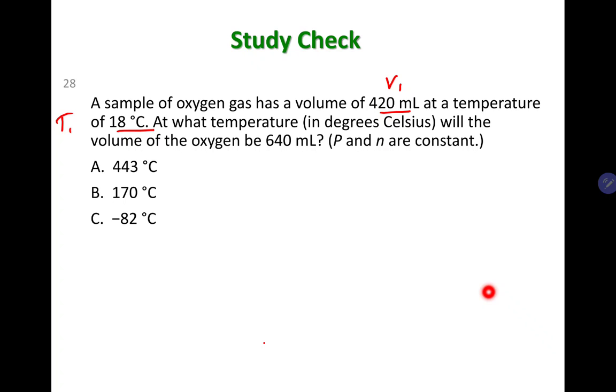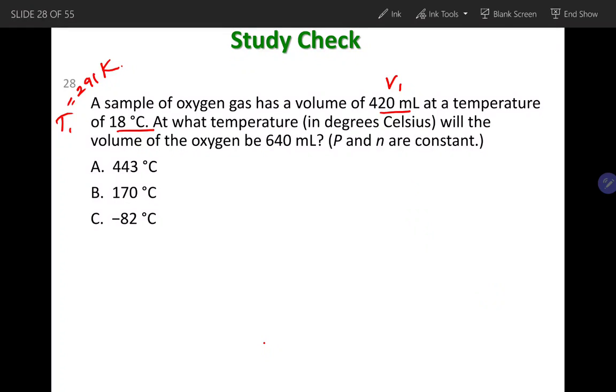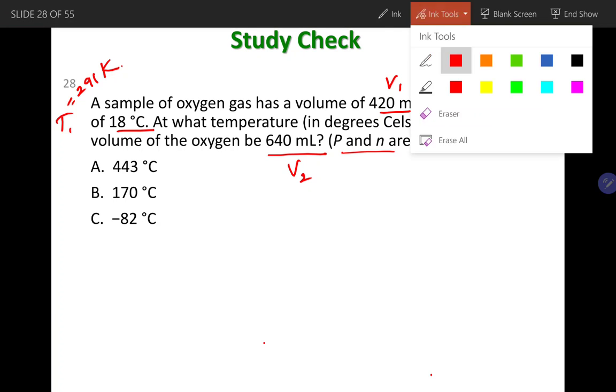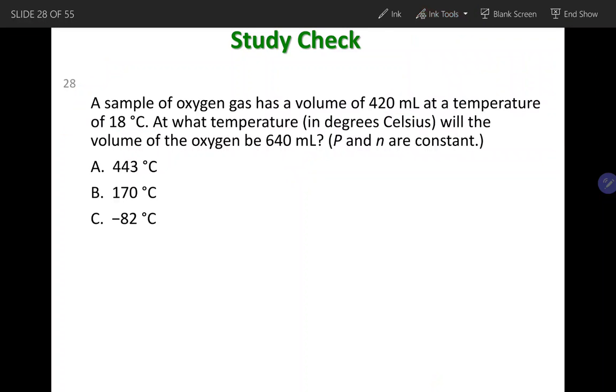So 18 degrees Celsius is what? 291 Kelvin. Remember that, it is important. So you know T1 and also you know V2. What has happened to V2? The volume has increased, right? If you want to increase the volume at constant P and N, you should increase the temperature according to Charles' law. All right, so let's do this calculation.